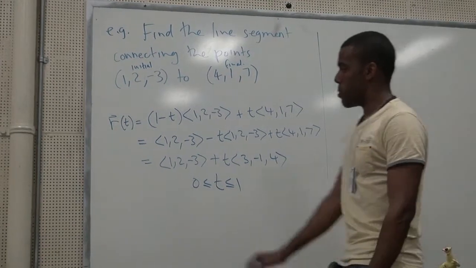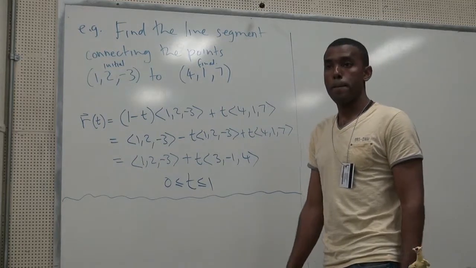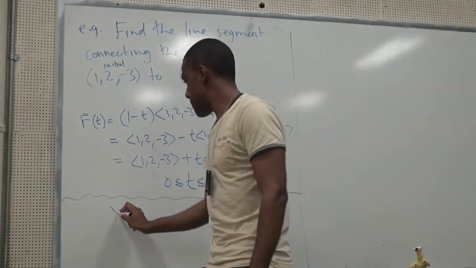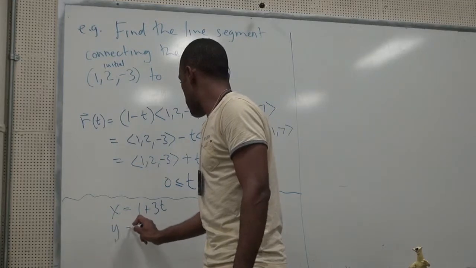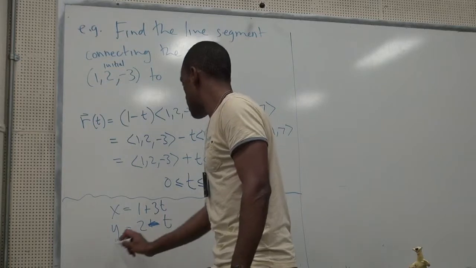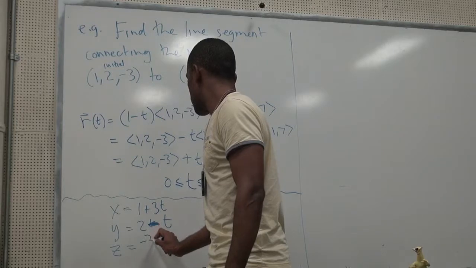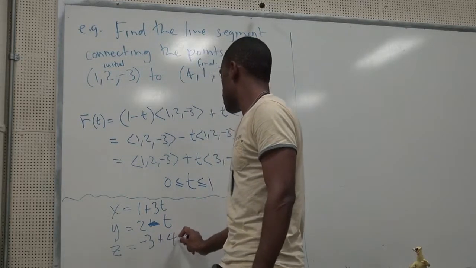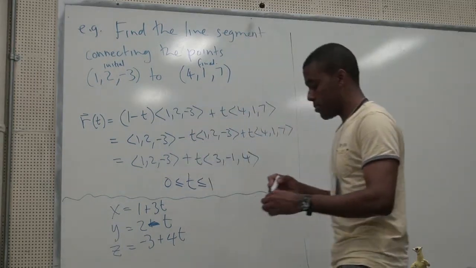And if I wanted to find the parametric equation of this line, how would I do it? x equals 1 plus 3t. y equals 2 minus t. z would be equal to minus 3 plus 10t.